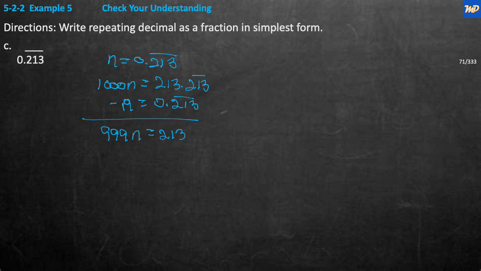So divide each side by 999, and we end up with n being equal to 213 divided by 999.